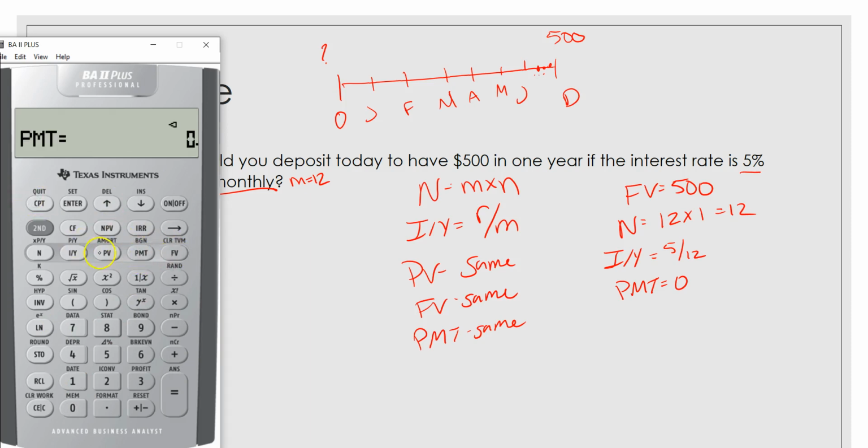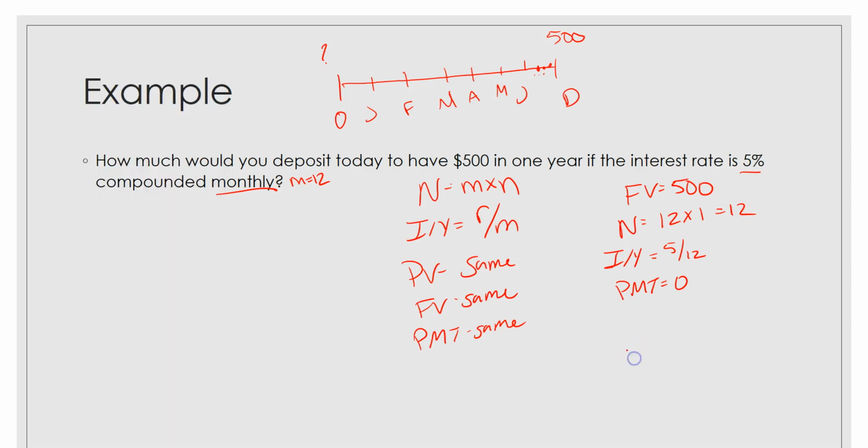Compute our present value. If we deposited $475.66, we would have $500 in 1 year. And again, that negative is for interpretation. That $475.66 would leave our pocket, and in 1 year we would put $500 into our pocket.